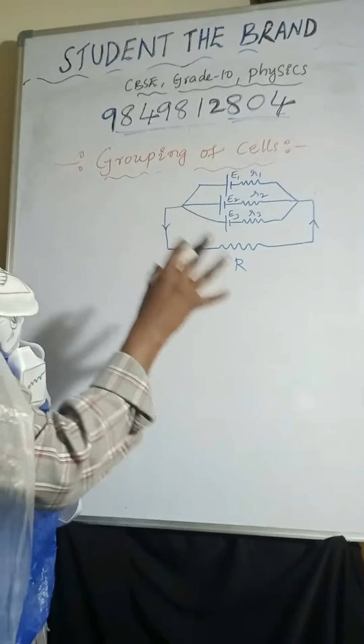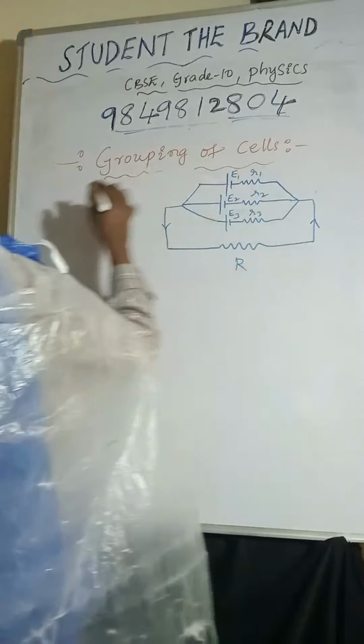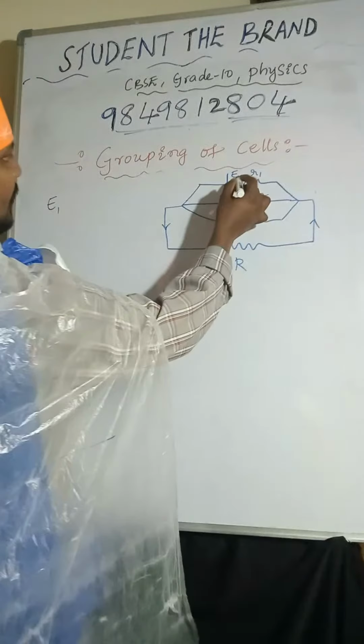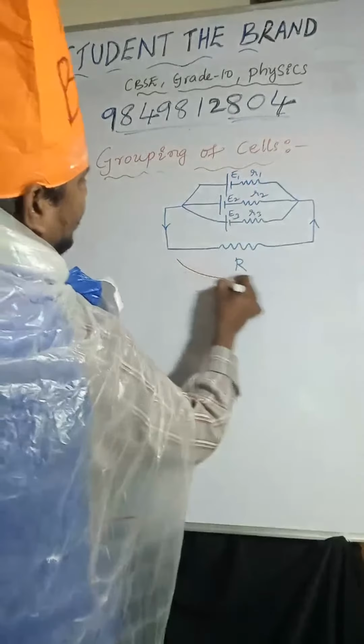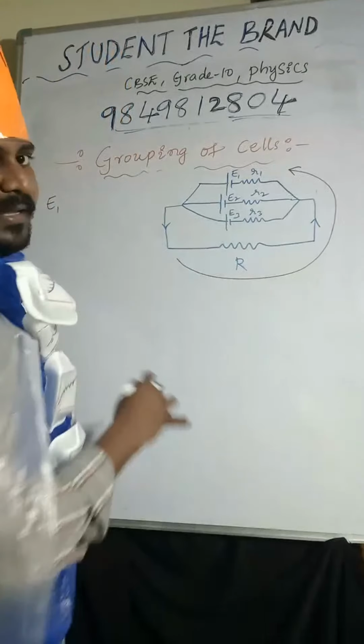We need to apply Kirchhoff's loop law, right? Now EMF is positive in this case because of the direction we are going. This is the path, and current also flows like that only.